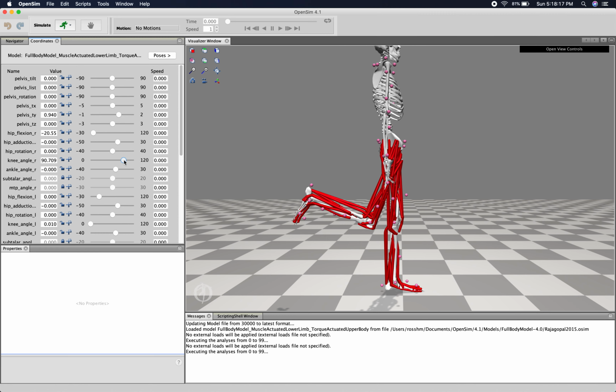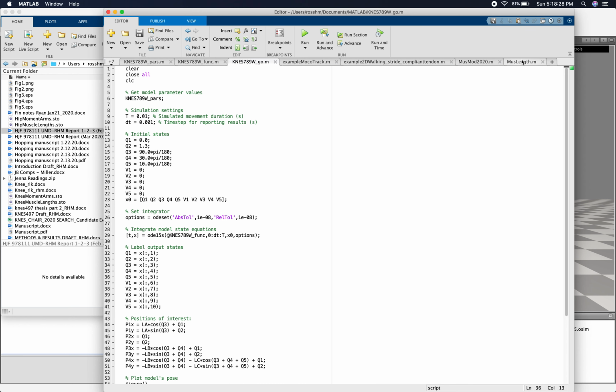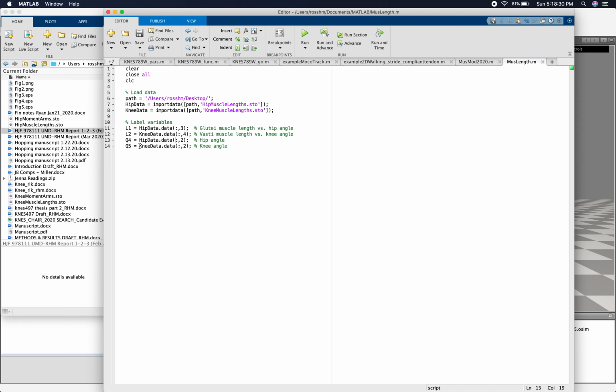So in OpenSim, this is a positive 90-degree angle, and in my model, I want to call that a negative 90-degree angle. So that's an easy fix. I just need to take all my OpenSim knee angles and multiply them by -1. And remember here in our model, we're working with angles in radians, and these data from OpenSim were in degrees.